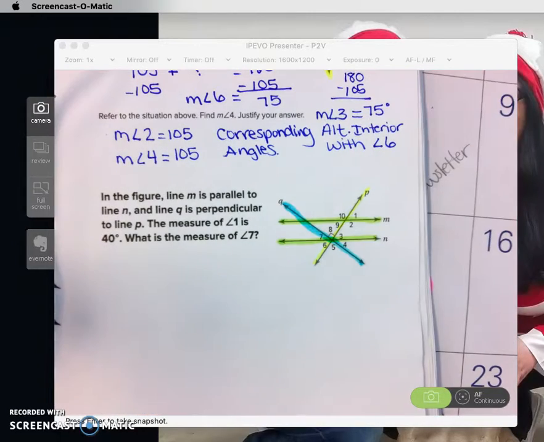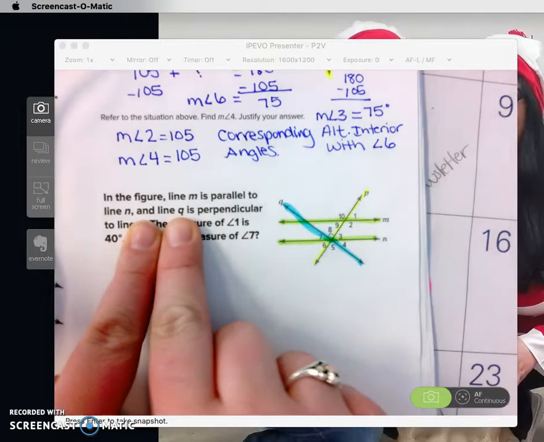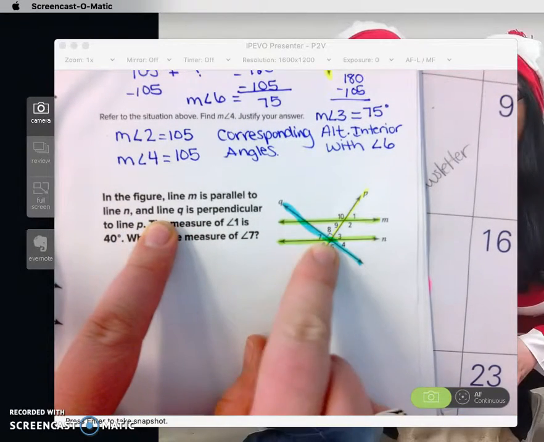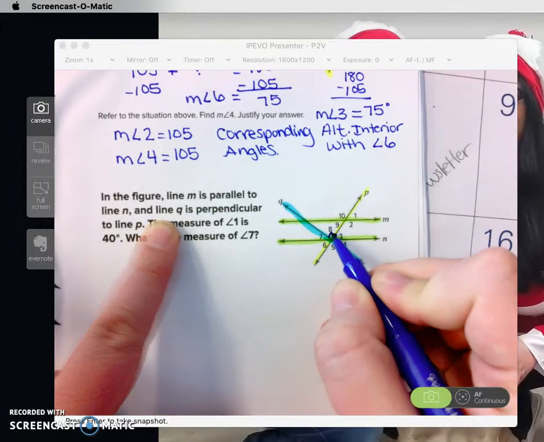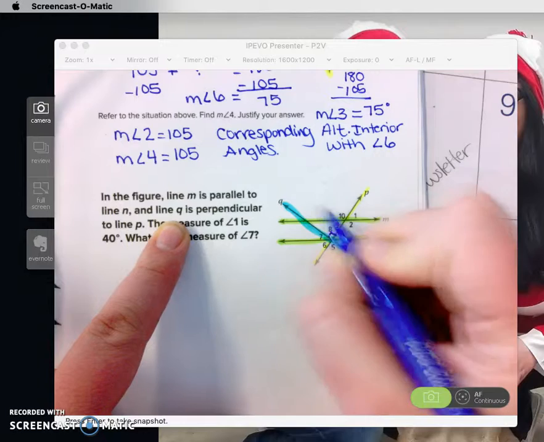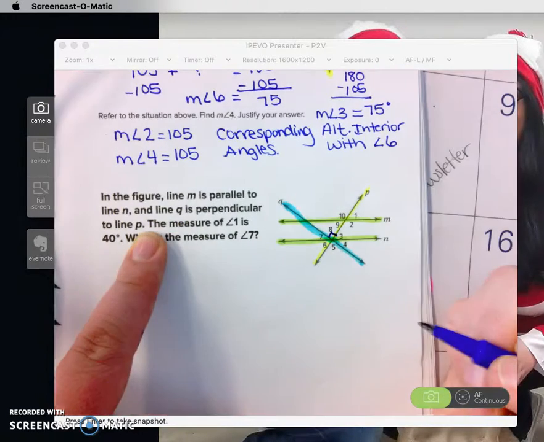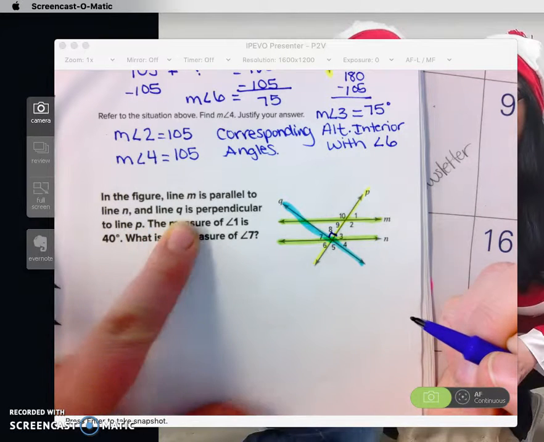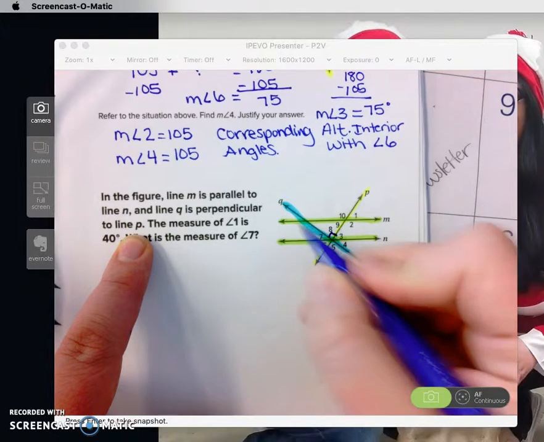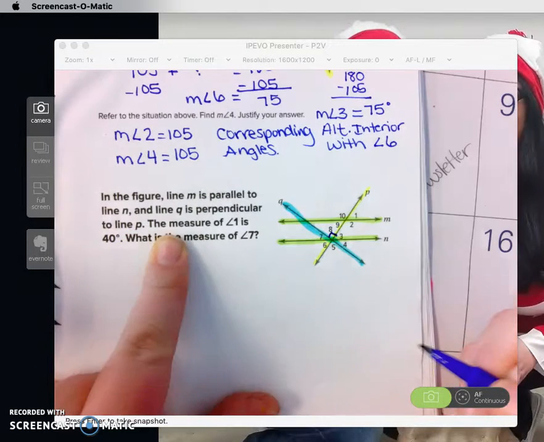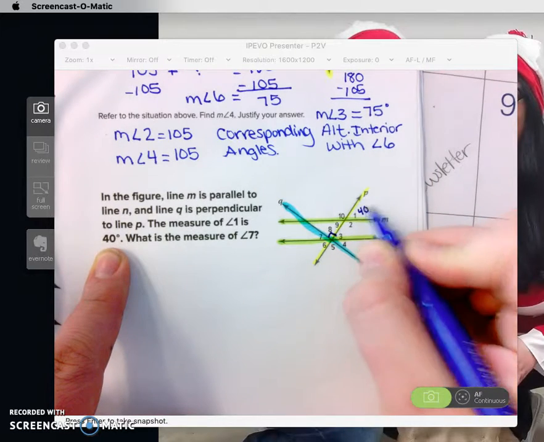All right, so the first thing it's asking us, it also tells us that it's perpendicular. So I see my little box here. That means that angle 8 has got to be 90 degrees. Okay, line Q is perpendicular to line P. Now the measure of angle 1 is 40 degrees. So right here, this equals 40 degrees.